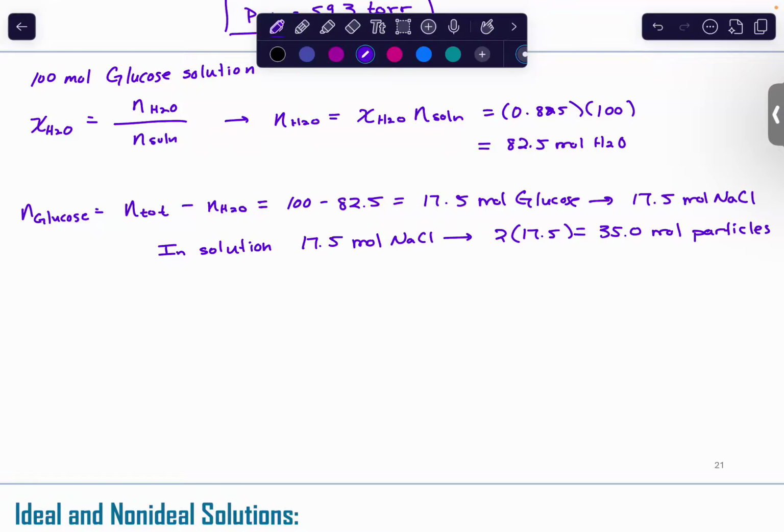So I should take the number of moles of the dry molecule that I put in and multiply it by 2, so I can account for the number of particles in the solution.